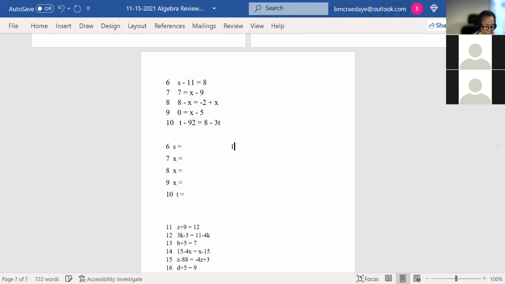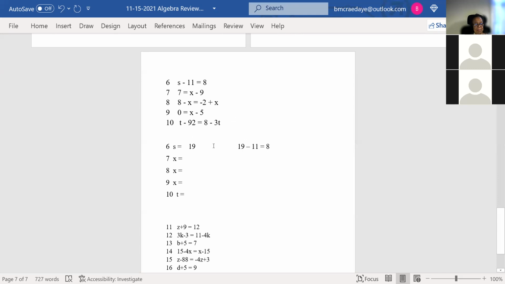In other words, 19 minus 11 is equal to 8. S, the variable, is 19. S minus 11 equal to 8, 19 minus 11 equal to 8. So S is 19.